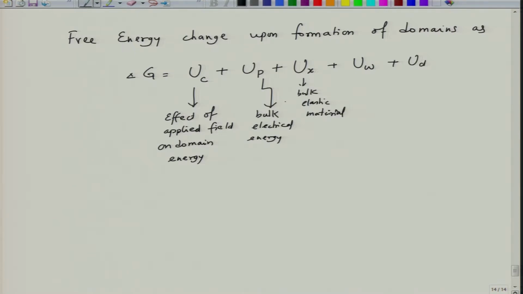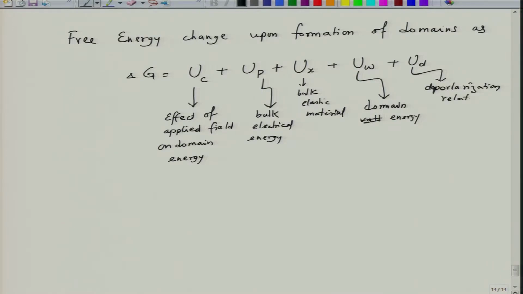These are basically material dependent parameters. For a given material you will have certain electrical energy and elastic energy. Then UW is what we call the domain wall energy, or right now we will write it as a domain energy, and UD is nothing but the depolarizing energy, related to depolarization.